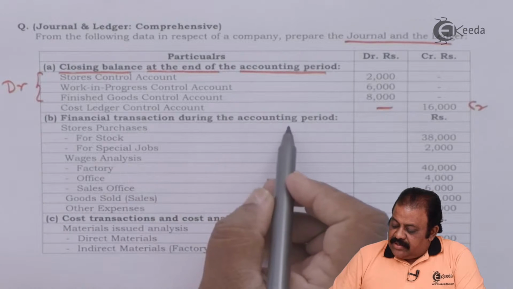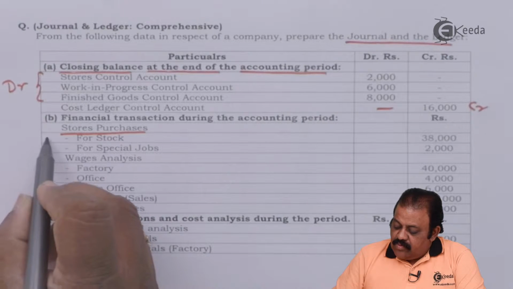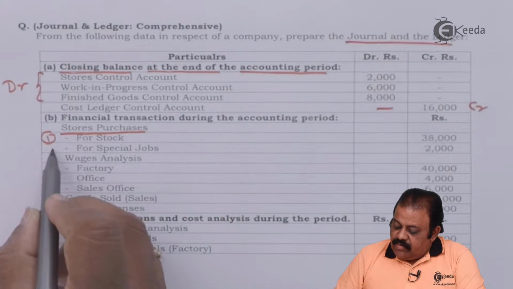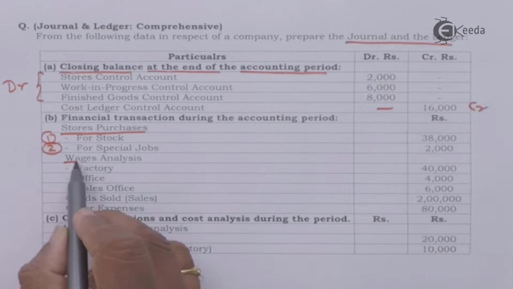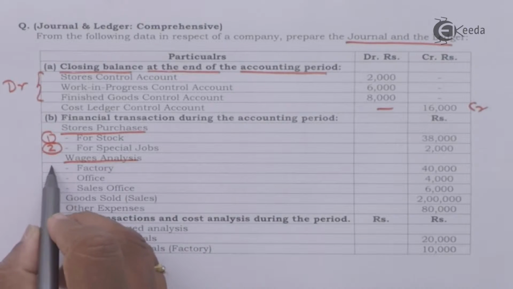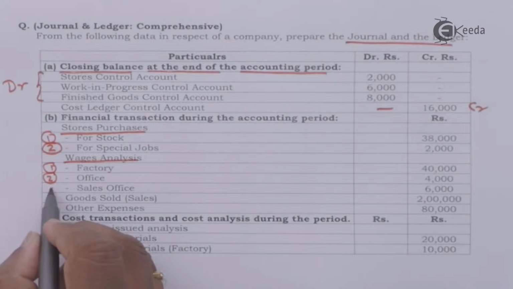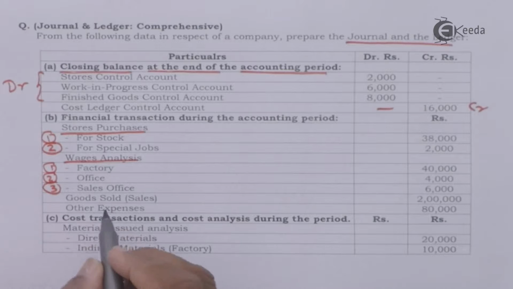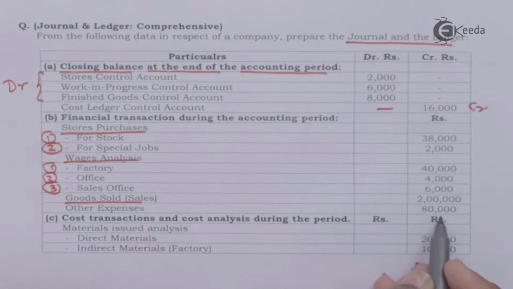Financial transactions during the accounting period: store purchases for stock, for special jobs, wage analysis, factory wages, office wages, sales office wages, goods sold, sales, other expenses.